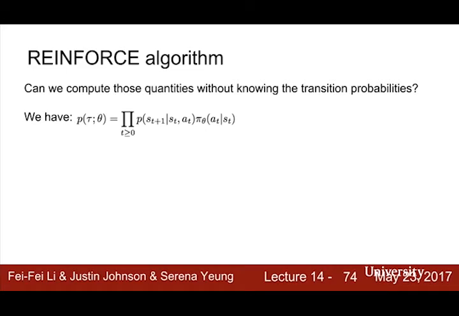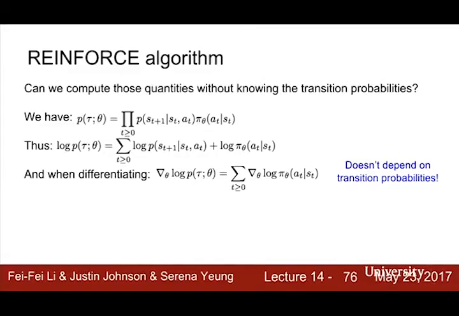So we're going to multiply all of these together and get our probability of our trajectory. So this log of p of tau that we want to compute, we just take this log, and this will separate this out into a sum, pushing the logs inside.